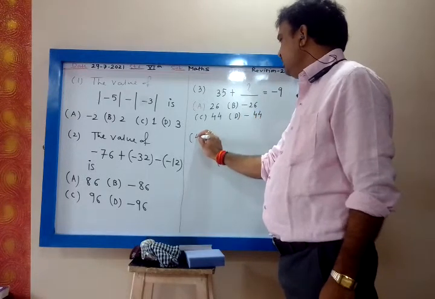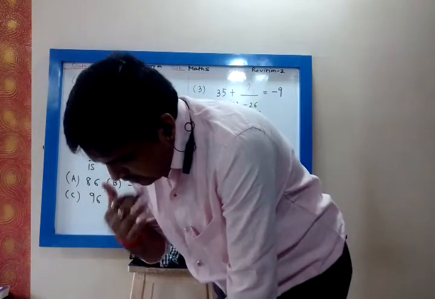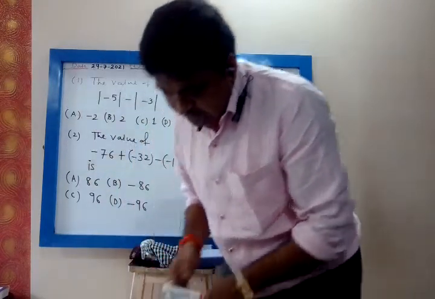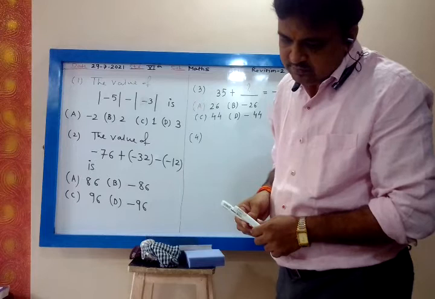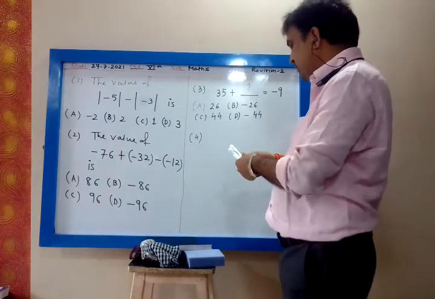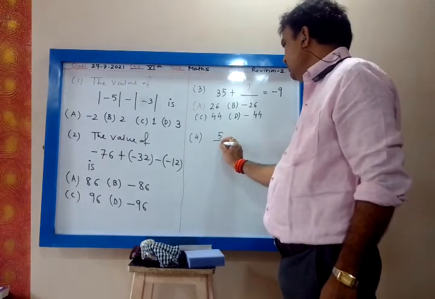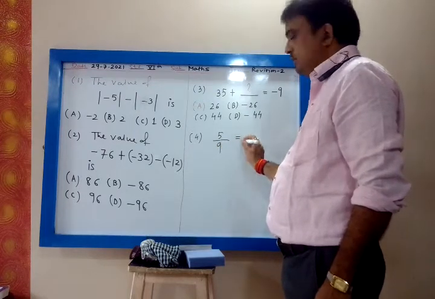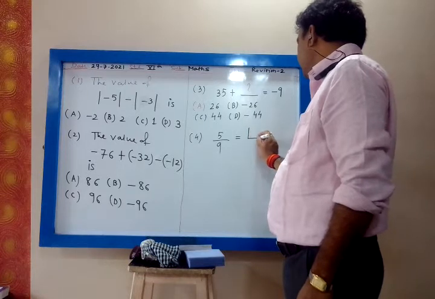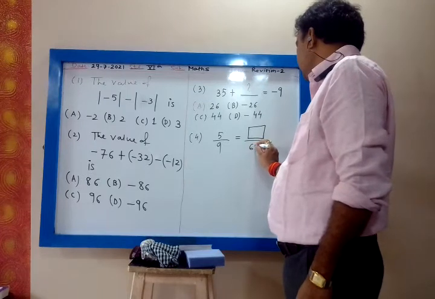Then fourth question. Let me give one from fractions also. Fourth question: 5 upon 9 is equal to box upon 63.